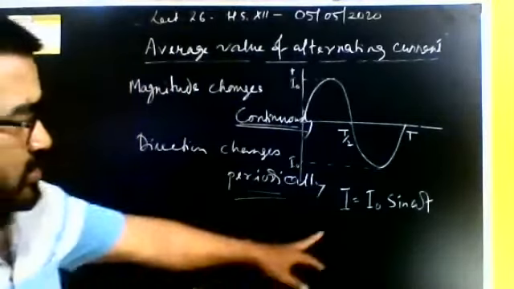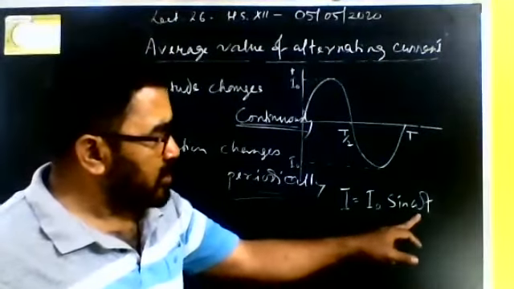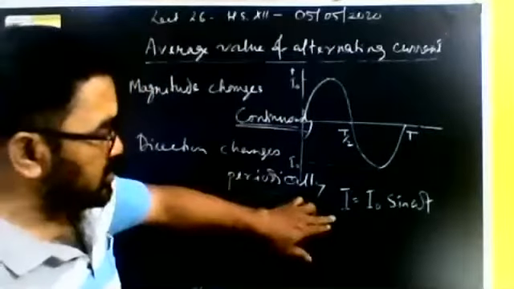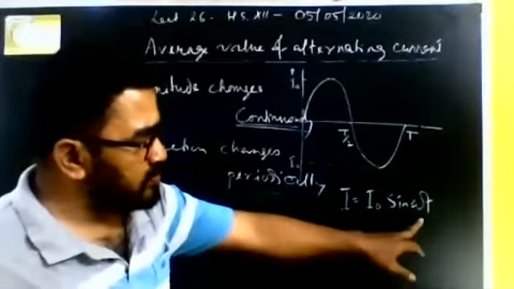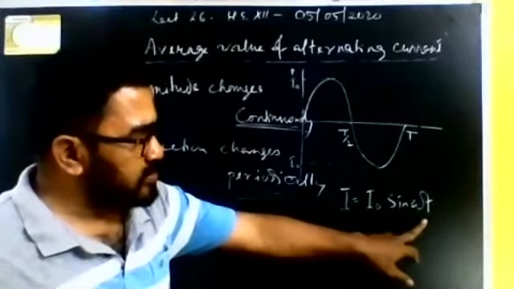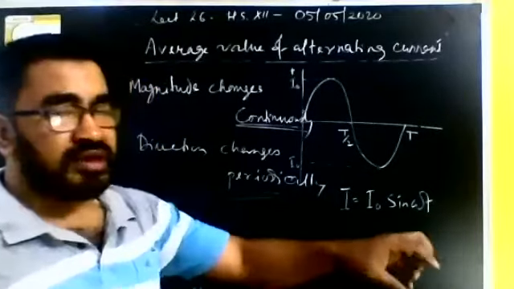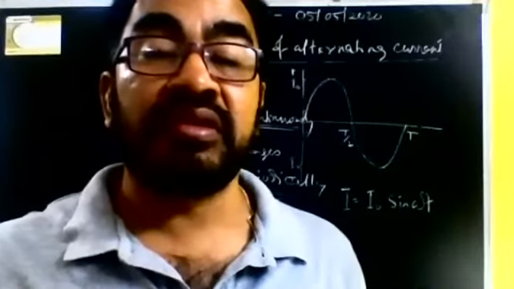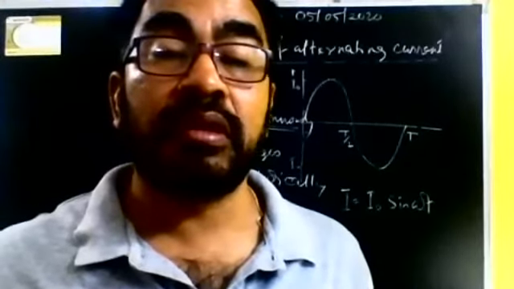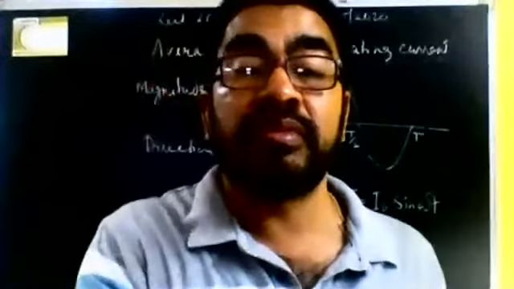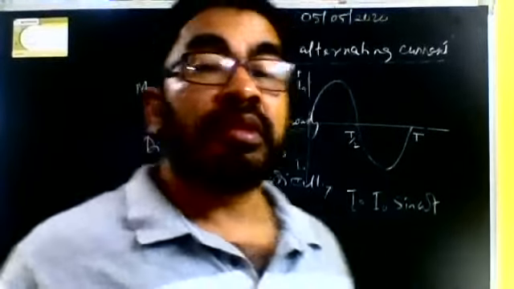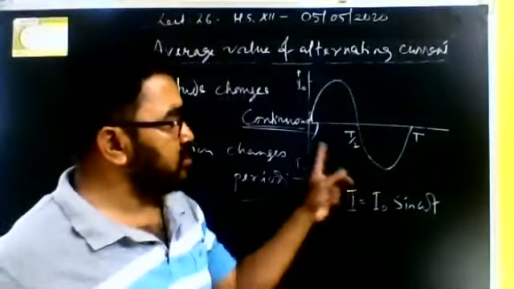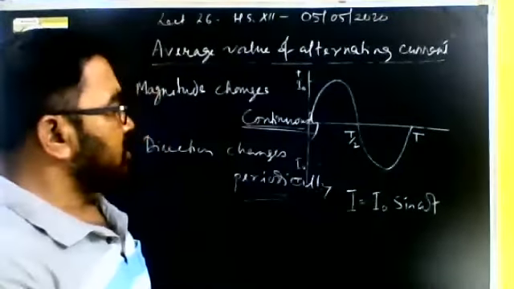So if we find the value of current with respect to the change of omega t, where omega t is nothing but theta, then we'll get this variation. This is the curve, right?